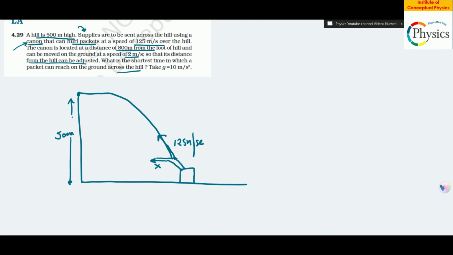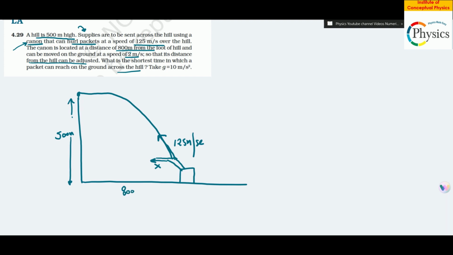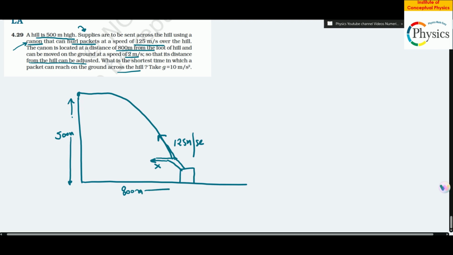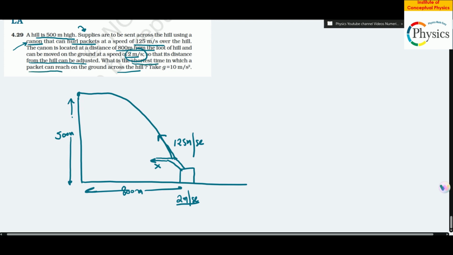It's an NCERT exemplar, and the cannon is 800 meters from the hill. So this is 800 meters. The other good part is that the cannon can be moved with a speed of 2 meters per second. So you're allowed to move this cannon with some speed. The question is, what is the shortest time in which the packet can reach the ground across the hill?